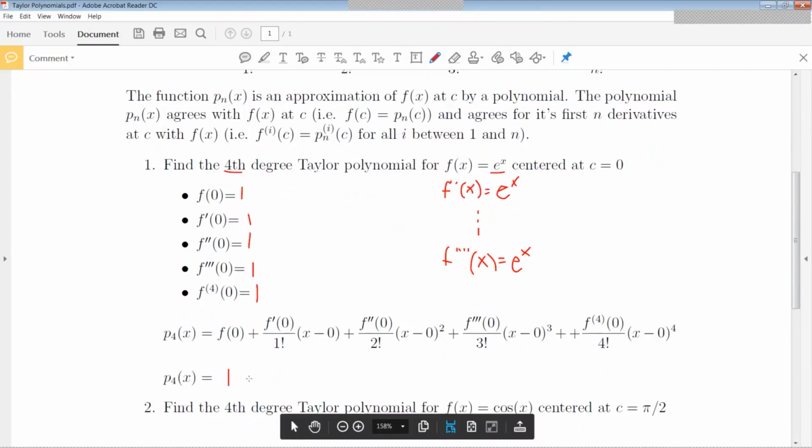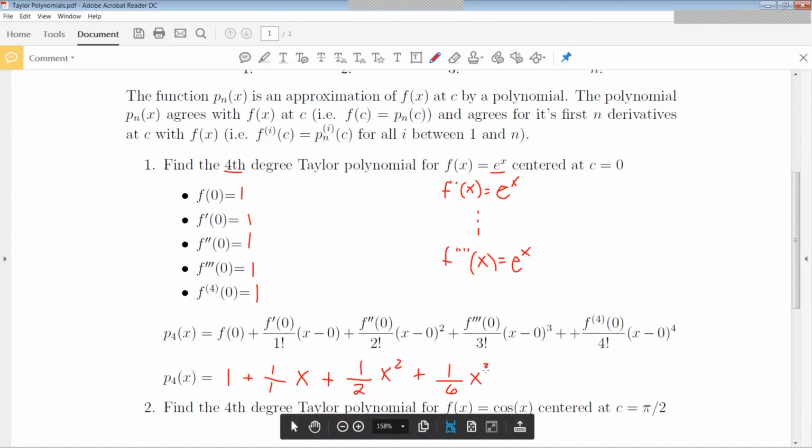So 1 plus f prime of 0, which is 1, over 1 factorial, which is 1, x minus 0 is just x, plus f double prime of 0, which is 1 again, over 2 factorial, which is 2 times 1, which is 2, x squared, plus f triple prime of 0, which again was 1, over 3 factorial, which is 6, 3 times 2 times 1, x minus 0 is just x, so x cubed.